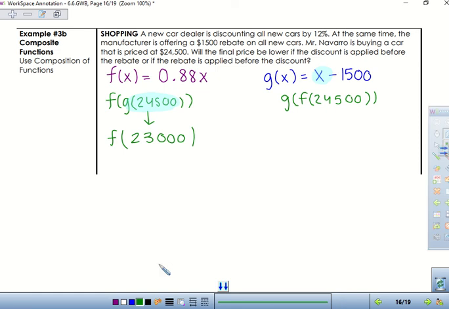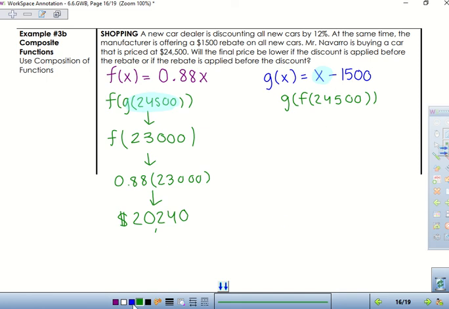Okay. Then I have to do f of that amount. So that's just going to be whatever this is, right? Which is, good, 20,240. So that's the price if we take the rebate and then the percent.